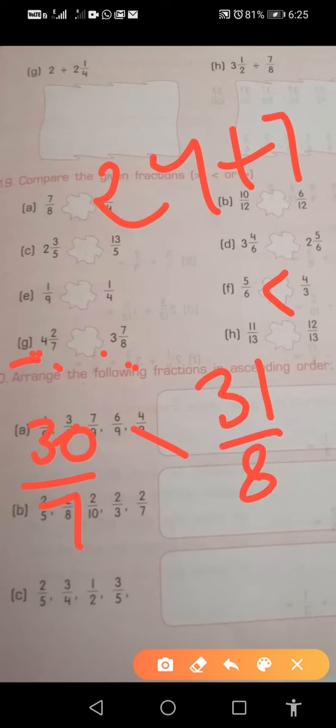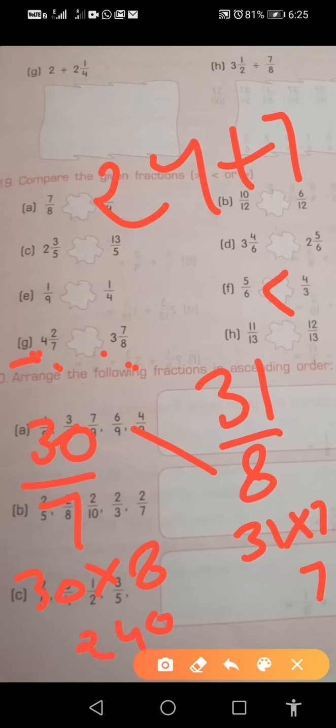Come to the next question. It is given in mixed fraction form. 4 7s are 28, 28 plus 2, 30 by 7. 3 8s are 24, 24 plus 7, 31 by 8. Again we have to multiply numerator to denominator. 30 into 8, 31 into 7. 8 3s are 24, so 240; 7 1 is 7, 7 3s are 21, so 217.